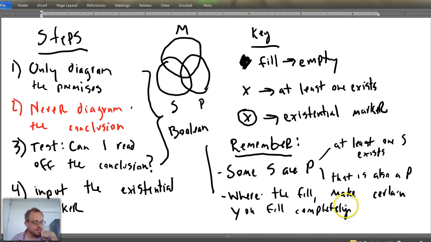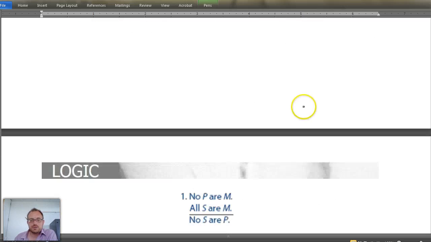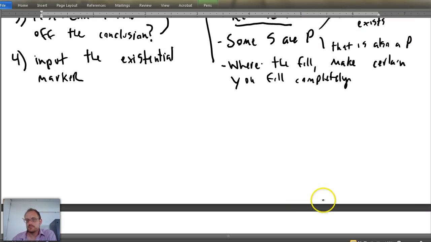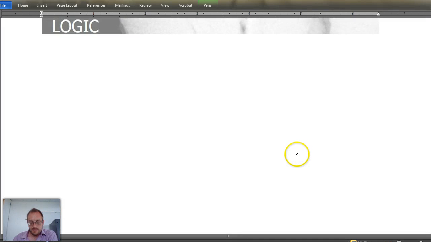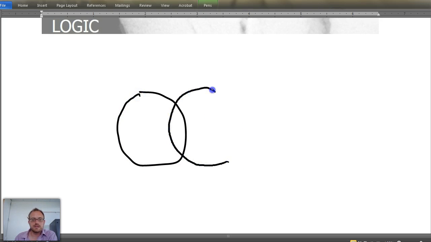Okay. Now finally, if you place an X, put it on the same line. Well, here, actually, let me just go through here. Let me just scroll down here. These are some of the examples we're going to go over here in a minute. Let me go back here and draw out the Venn diagrams, okay?